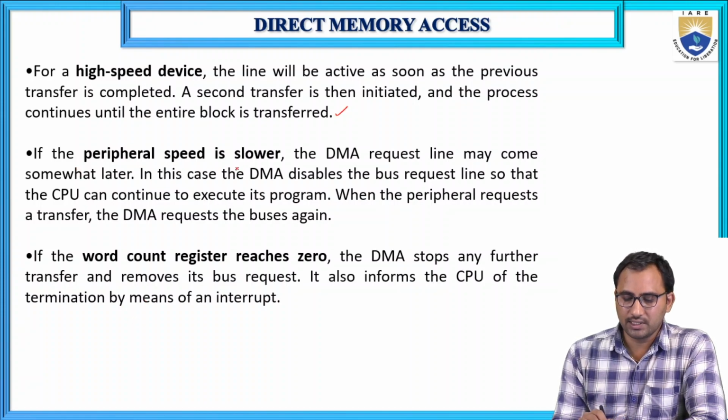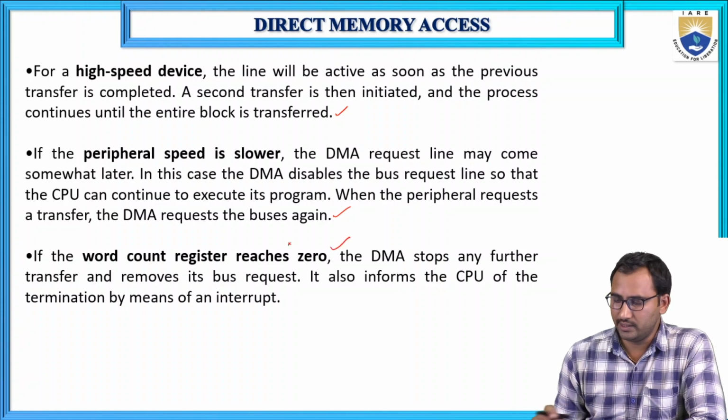If the peripheral device is slower, the DMA request line may come somewhat later. In this case, the DMA disables the bus request line so that the CPU can continue to execute its program. Whenever the peripheral requests a transfer, the DMA requests the buses again. And if the word count register reaches 0, we have already discussed this.